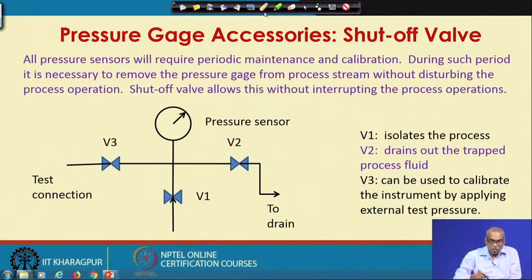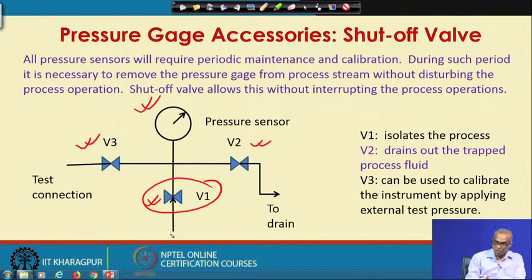So, this is how the pressure gauge is mounted. You have valve 1, valve 2 and valve 3. This is the process stream. By using valve 1, I can isolate this part.